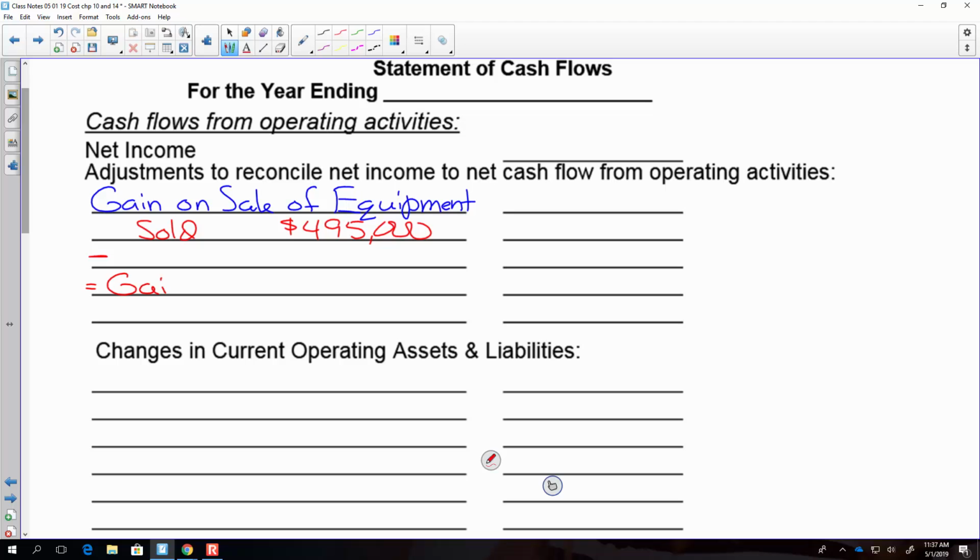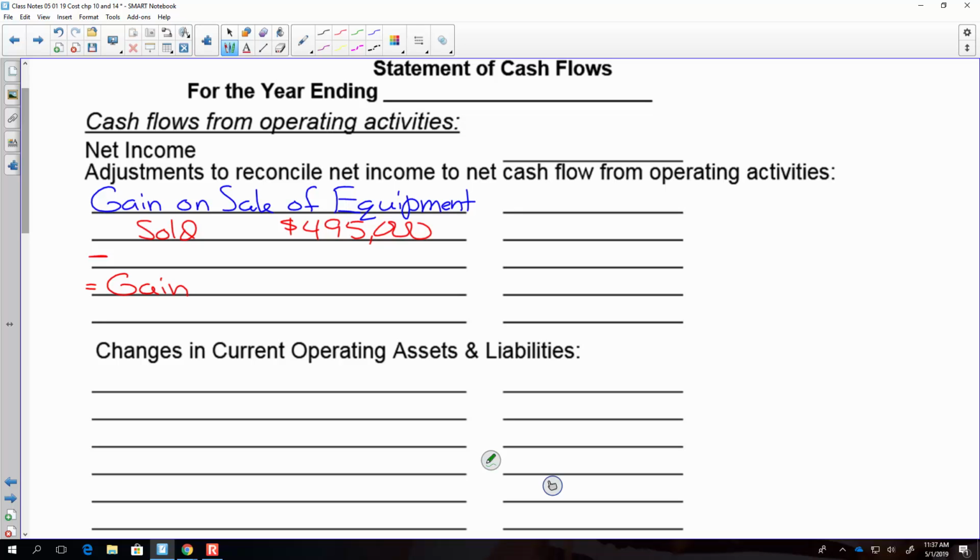I'm assuming it's a gain. I don't even know if it's a gain. What do I subtract to figure out the gain? Original cost minus depreciation. Cost minus depreciation.